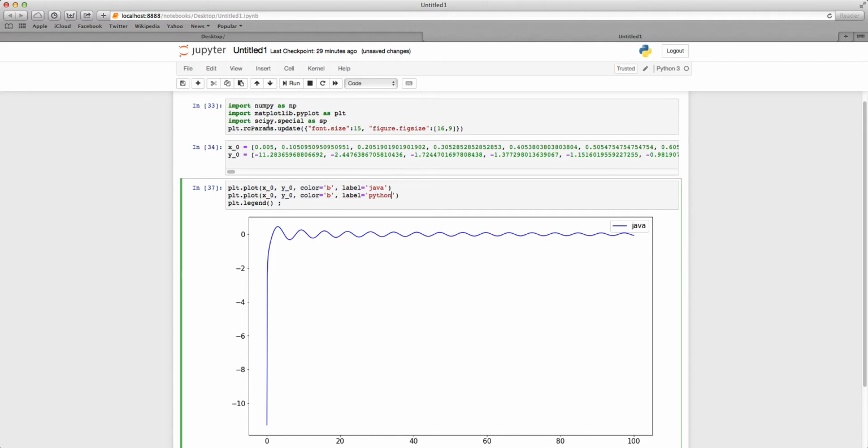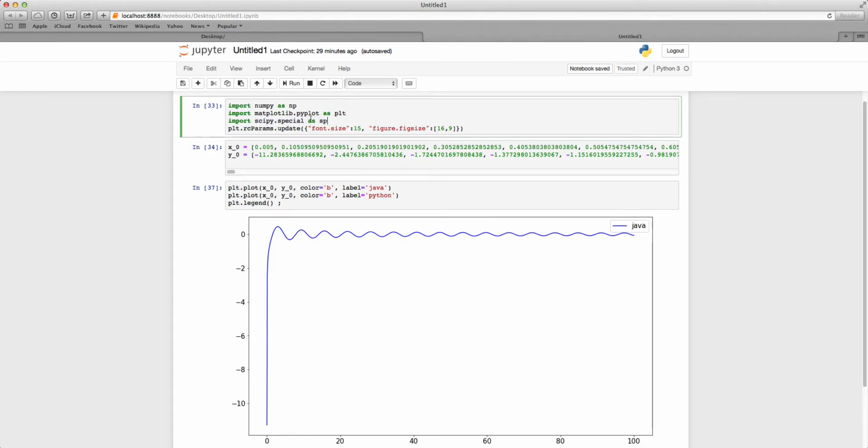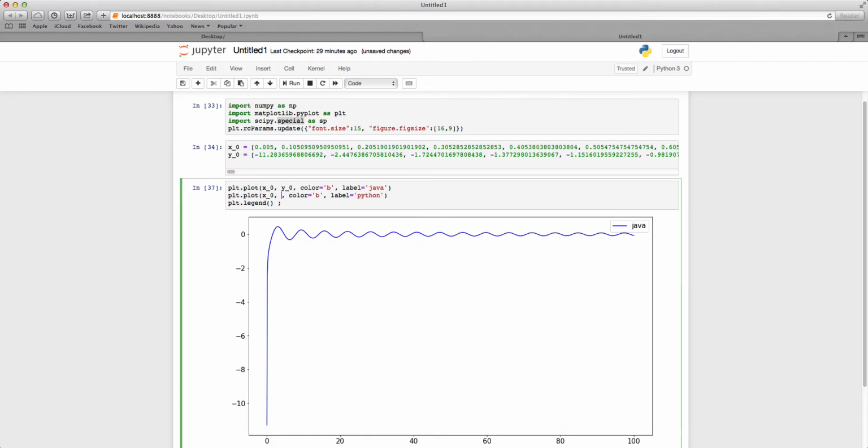And then we are going to do the same thing for Python. And for Python, I'm using the special package in the SciPy. So instead of y0, we say SciPy special y nu, okay? Y nu of x0, with the color red, and we're going to also give it a line style.